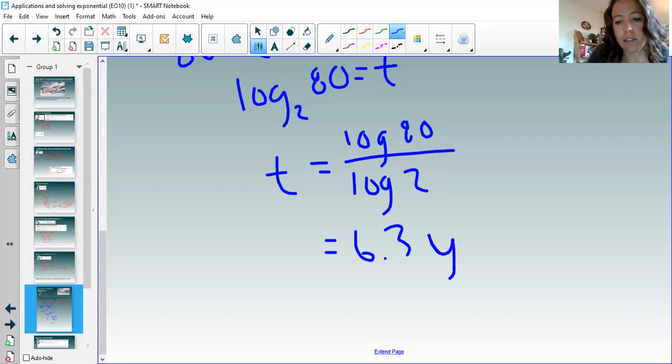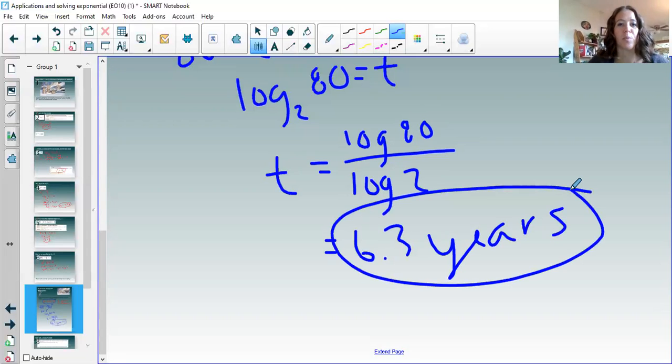So that means in 6.3 years, the population of bunnies will be 20,000, okay? So these are the types of problems that we can solve using exponential or logarithmic equations.